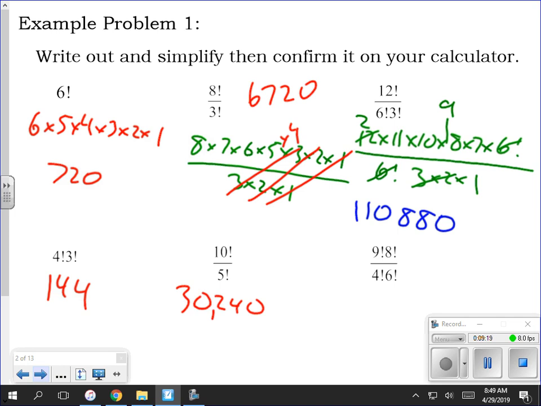And then the last one, that could get really nasty if you were doing that by hand. 8 factorial divided by 4 factorial divided by 6 factorial. 84720.